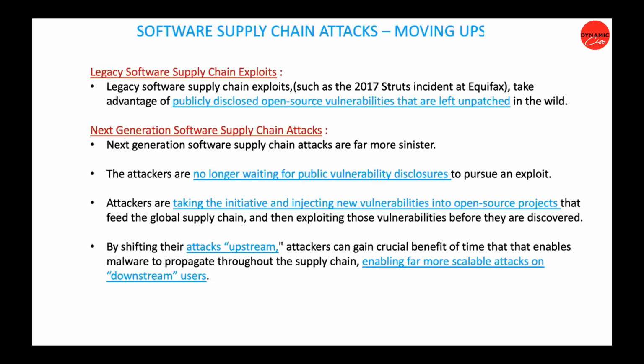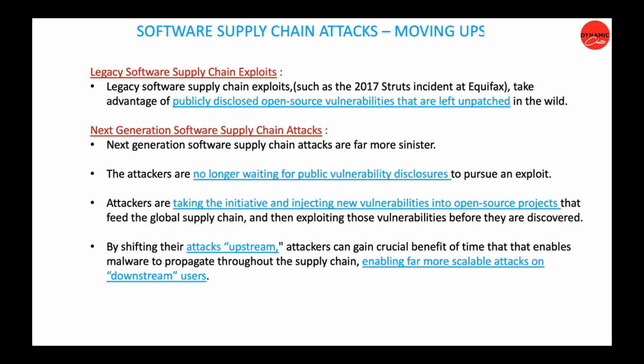And by the way, the underline is on global supply chain. In software, it's always global. That's why the United Nations has gotten into it, and all countries are there, because it impacts the entire globe, right? So they have moved from passive to actively attacking, and they're shifting their attacks upstream.